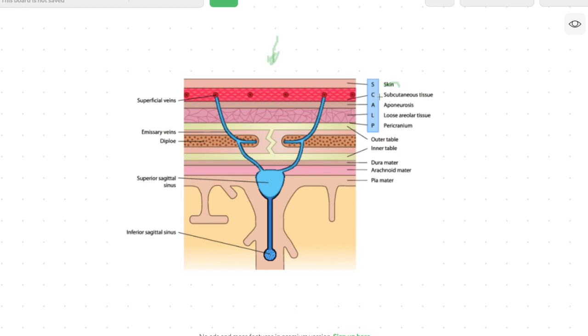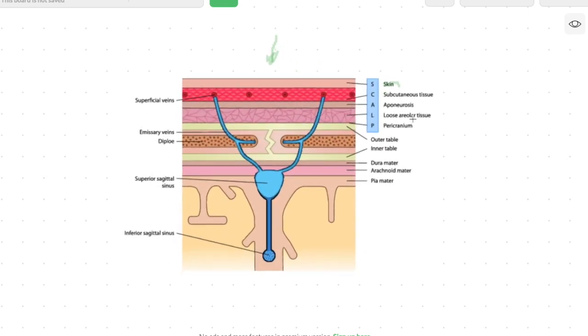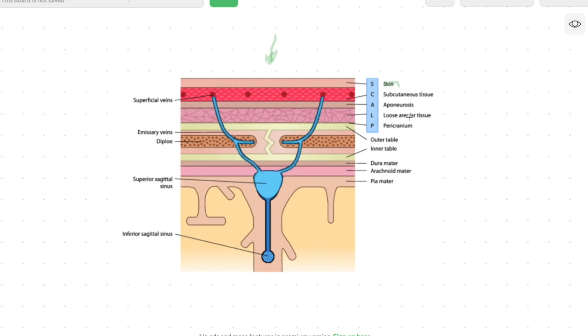frontalis muscles. The fourth layer, which is an important layer, is represented by the mnemonic L. It is called loose areolar connective tissue, which is a thin connective tissue layer that separates the periosteum of the skull from your epicranial aponeurosis.